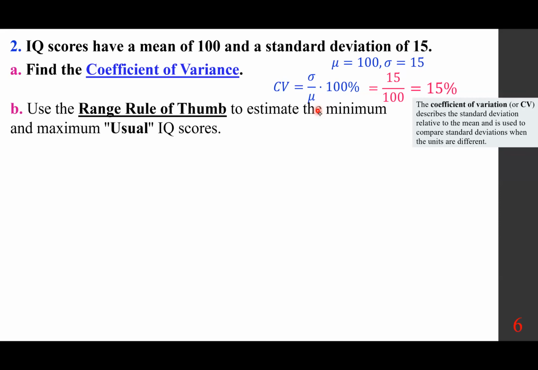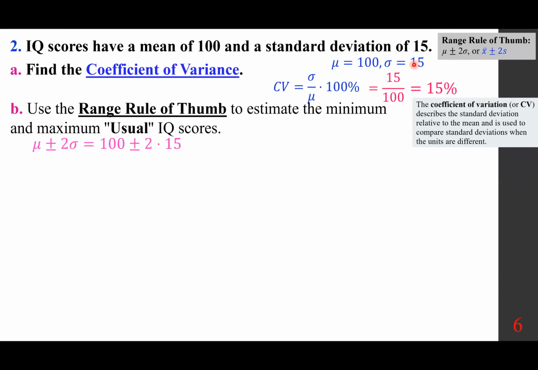Use the range rule of thumb to estimate the minimum and maximum usual IQ scores. Well, here's the range rule of thumb: mu plus or minus 2 sigma, or X bar plus or minus 2S, because according to the empirical rule, if you go 2 standard deviations on each side, it covers 95% of the data, and that's usual and that's good enough. So mu plus or minus 2 sigma, where mu is replaced by 100.